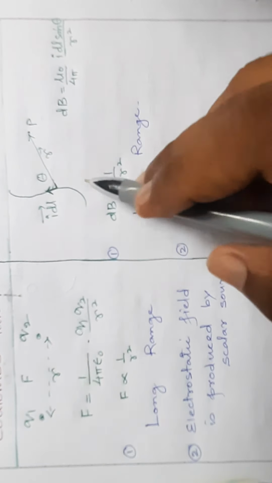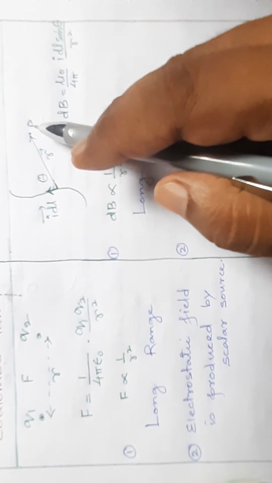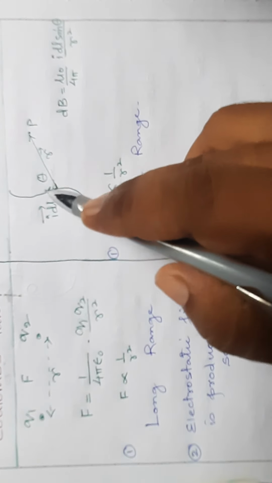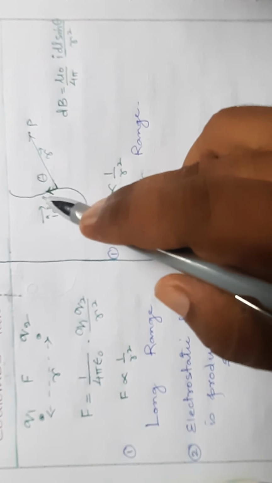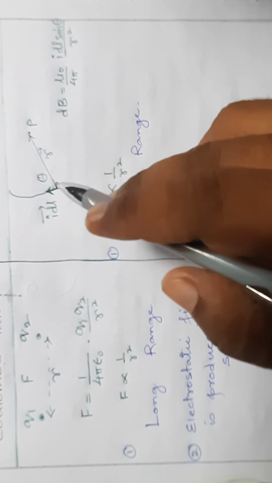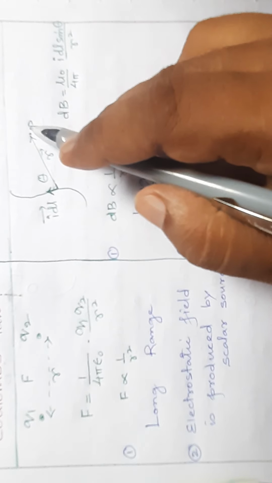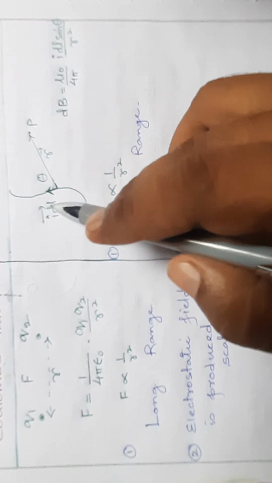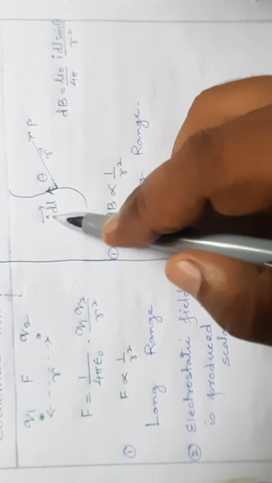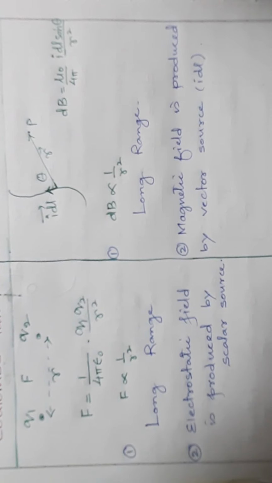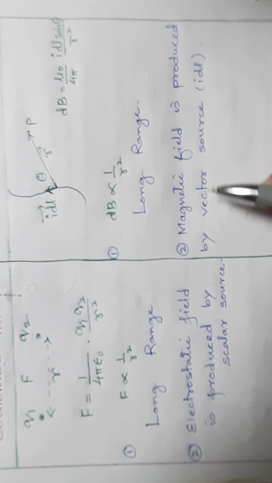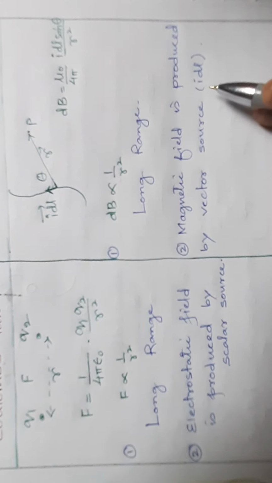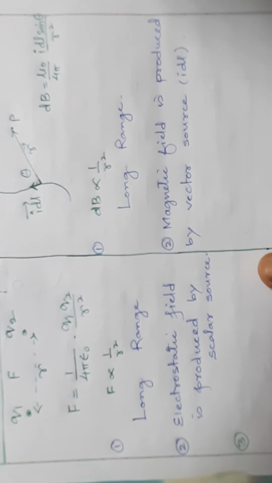Now you come to the magnetic field. Here the magnetic field is produced by the current element I dl, and this I dl is a vector quantity, so the magnetic field is due to a vector source.